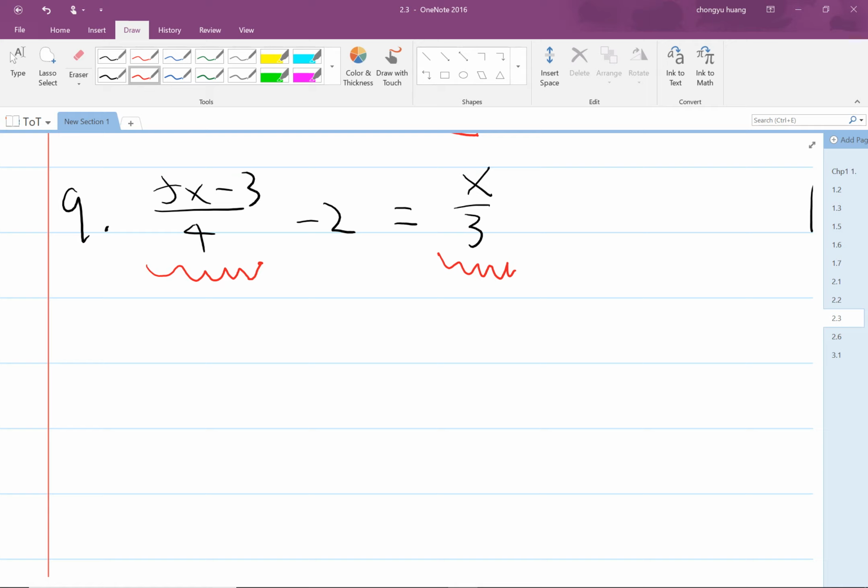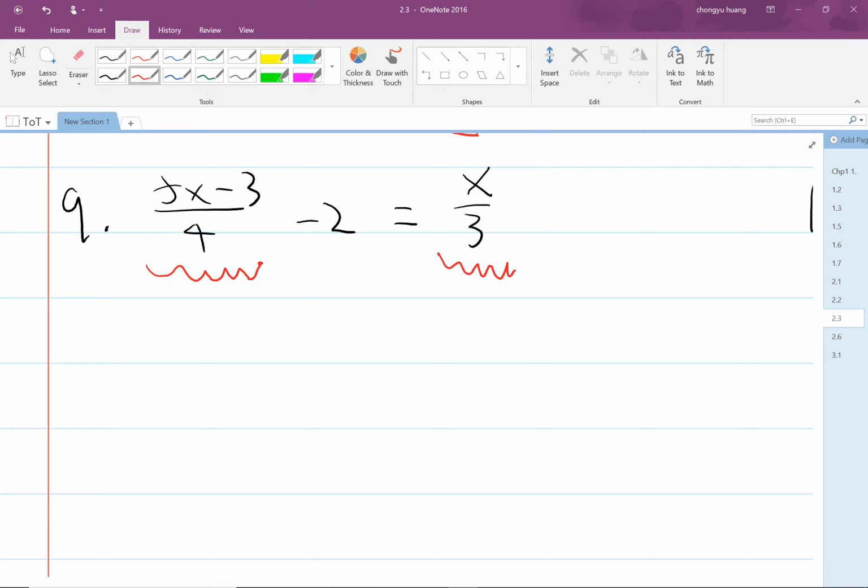So we have to get rid of those denominators first, in order to make these questions easy to do. And you may be thinking, how are we actually going to get rid of the denominator? So now I'm going to show you the way to get rid of it.